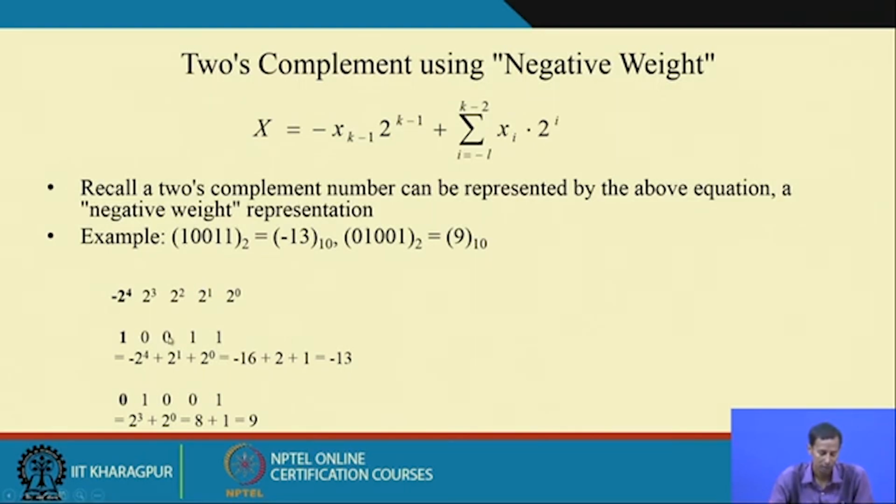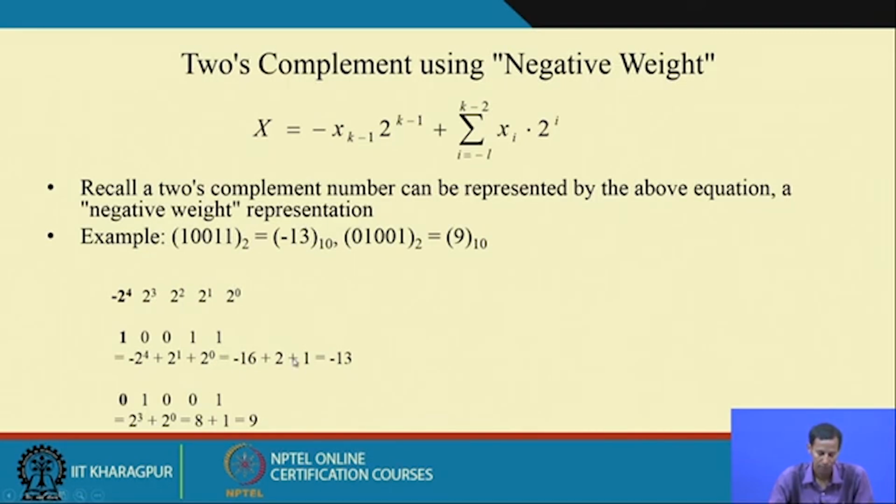Why minus 13? Because this is 5 bits, so the weights of the bits are 2 to the power 0, 2 to the power 1, 2 to the power 2, 2 to the power 3, and the MSB position is minus 2 to the power 4. As I get 1 at this position, this is minus 16, and then the remaining bits contribute 3.